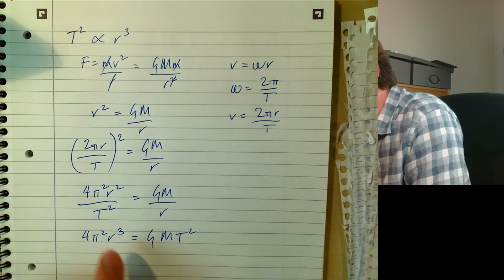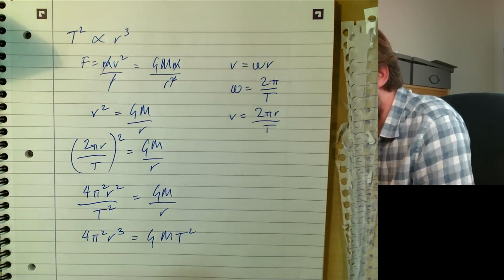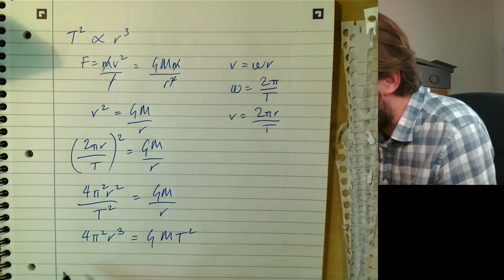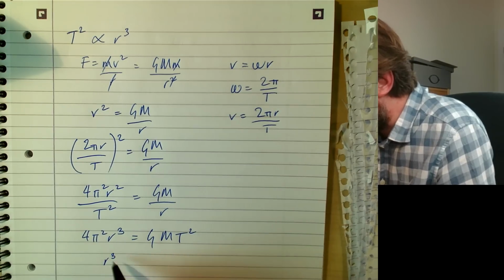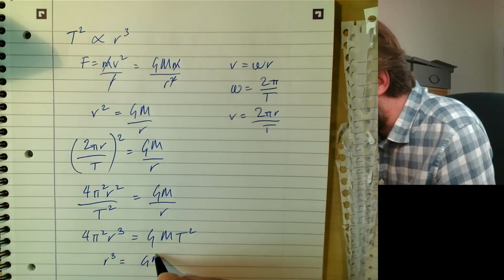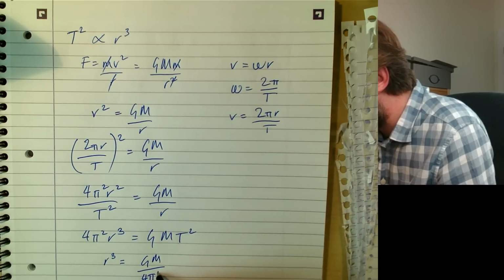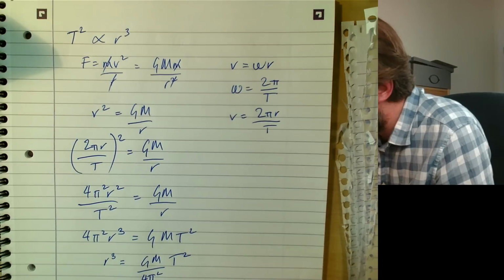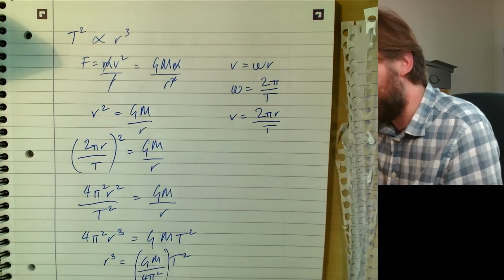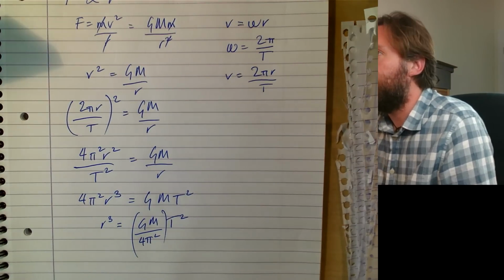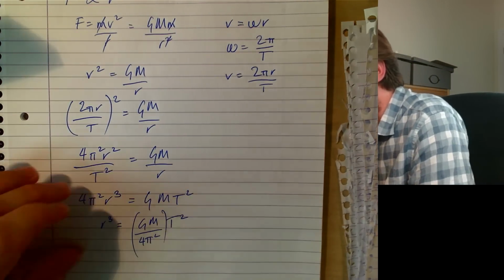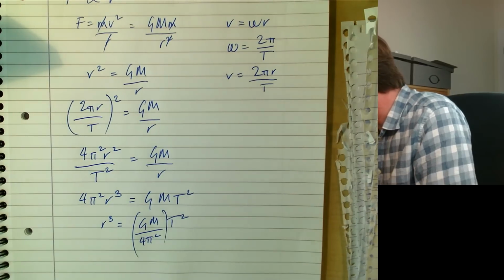All of these other numbers are just constants, okay? But the way it's normally expressed is like this: r cubed equals GM over 4 pi squared, t squared. Would that kind of indicate that that is a constant? Hope that one makes sense to you, especially if you were after Kepler's third law.